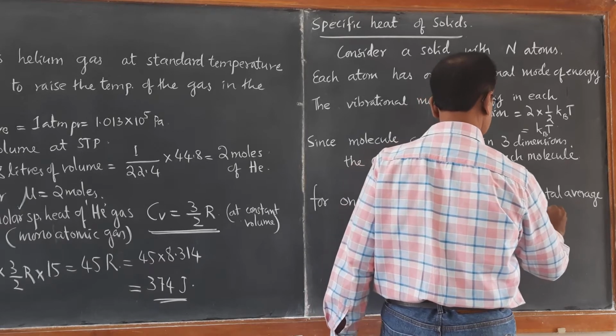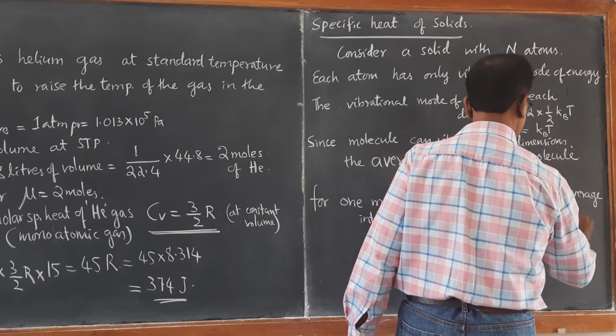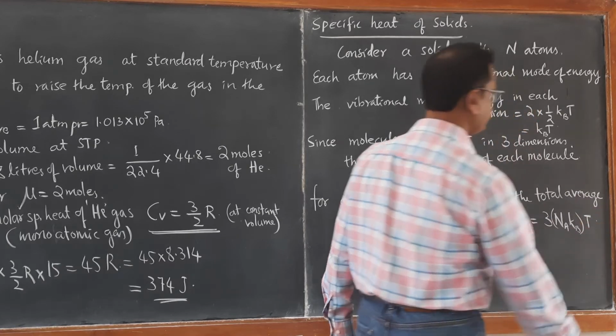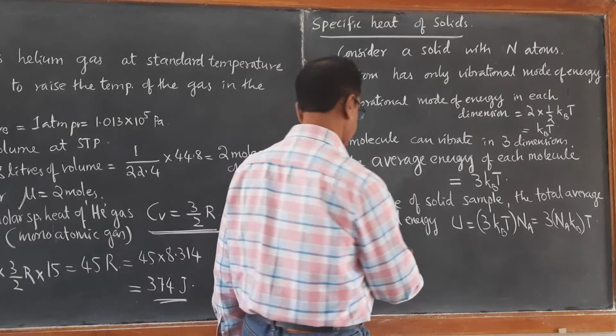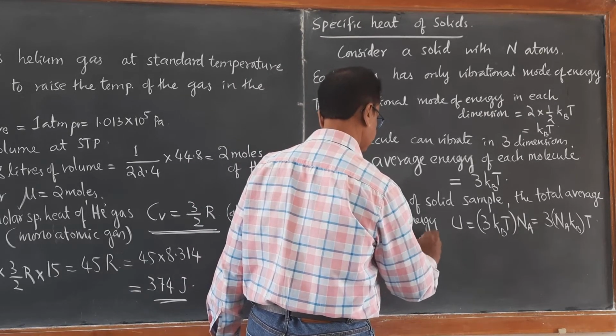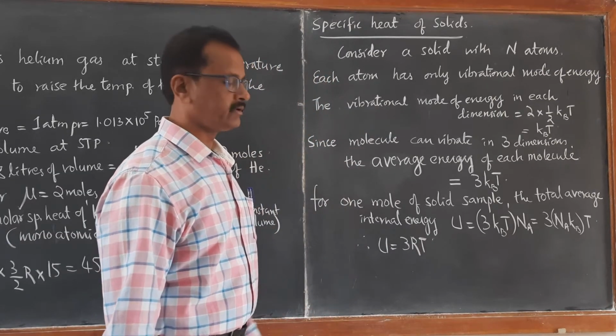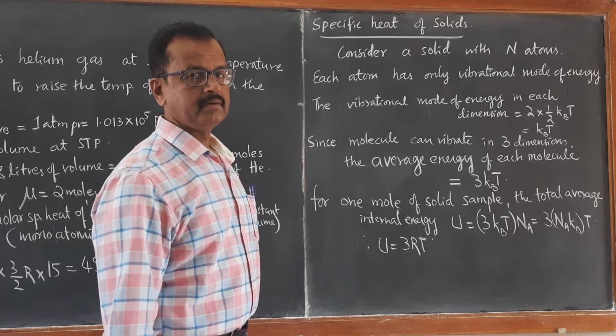So it becomes 3 Na kBT, where Na kB is R. Therefore, U becomes equal to 3RT. Now we can calculate very easily the molar specific heat.